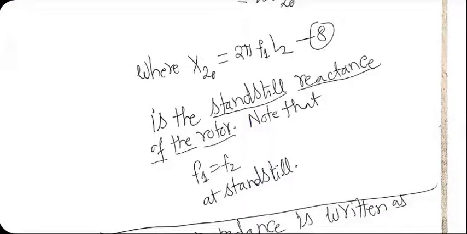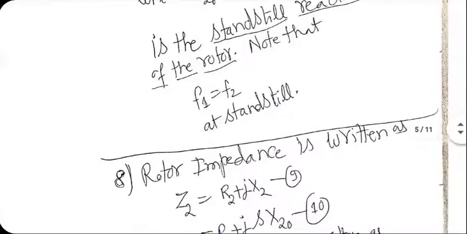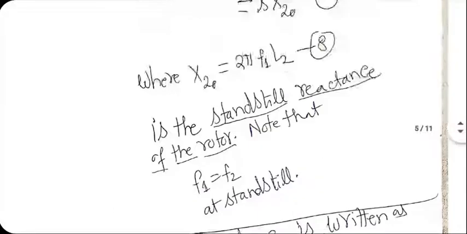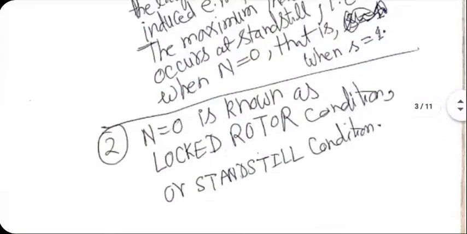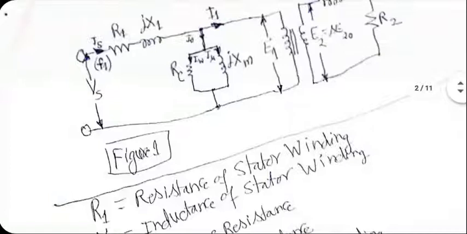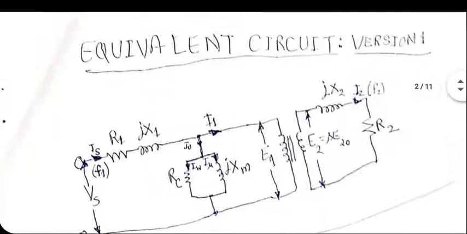At n equal to 0, both the stator and the rotor frequencies are exactly the same because slip happens to be 1. Now, obviously, on the rotor side, the total impedance is R2 plus jX2. And on the stator side, it is more complicated, of course.